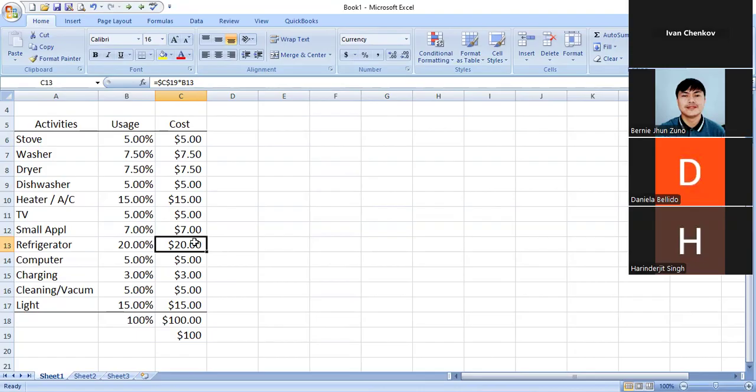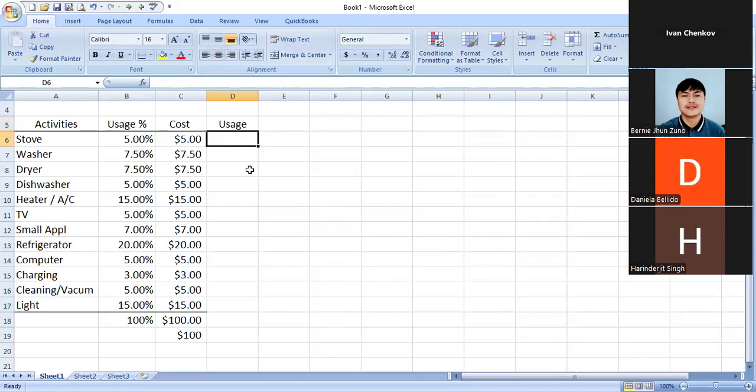So the next thing that we have to find out is how much I'm actually using that activity for those 2 months. Usage as a percentage. And now we're going to have the usage of the activity in total.